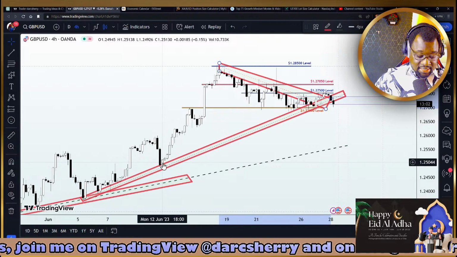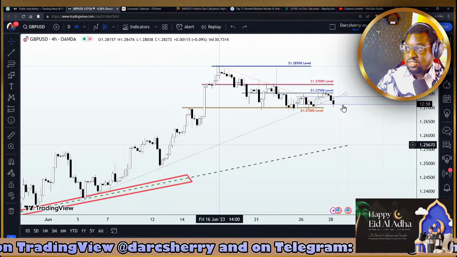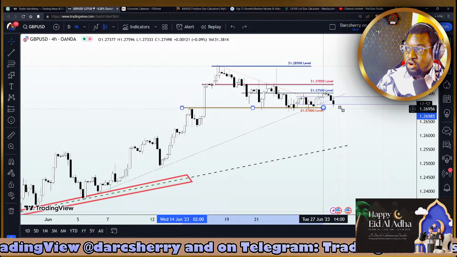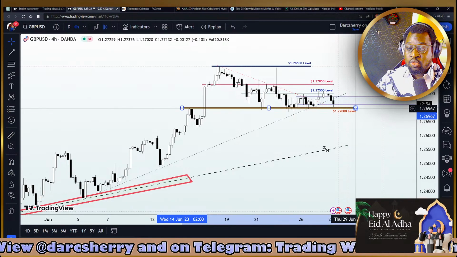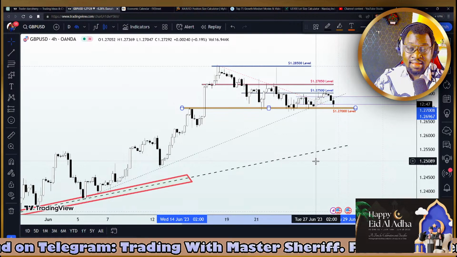And if this continues in such a way that it leads to the breakdown of that strong demand zone at the 1.2700 area, then we would have no other choice than to look out for more opportunities to sell the GBP USD today. So let's see how this is going to be playing out.